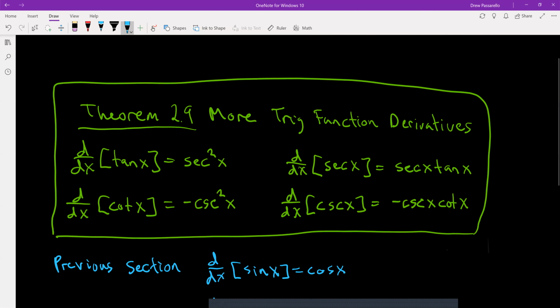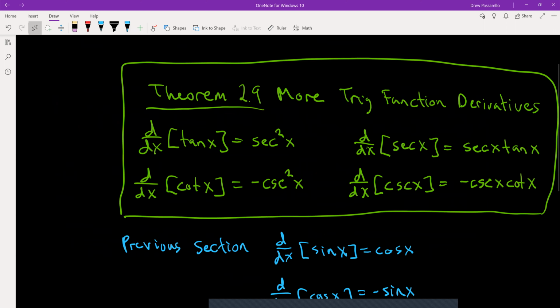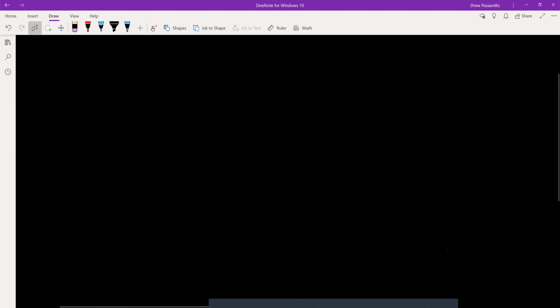So combining all this, this is all of the derivatives for the 6 trig functions. So I would recommend pausing the video and writing these down. These are also in that table of derivatives that I mentioned in one of the earlier videos. Okay, so we'll use those when applicable.